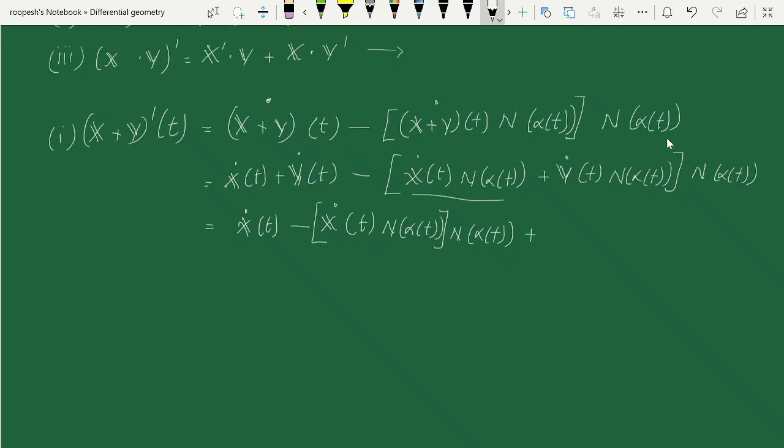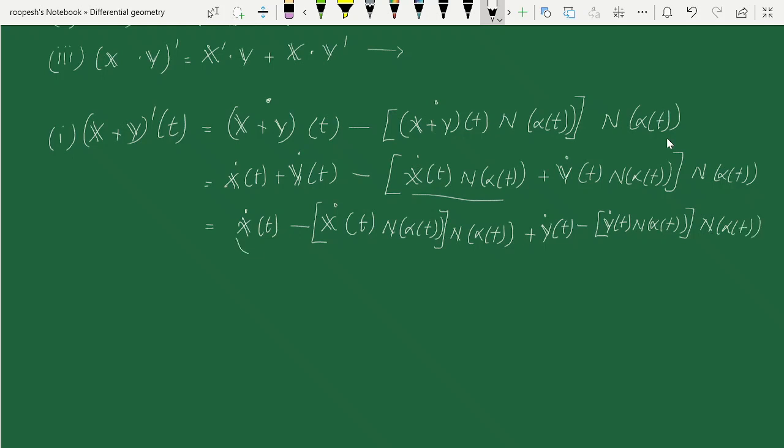Plus another term, similarly, Y dot of t minus Y dot of t dot N of alpha of t times N of alpha of t.